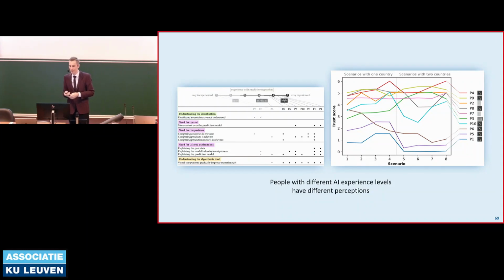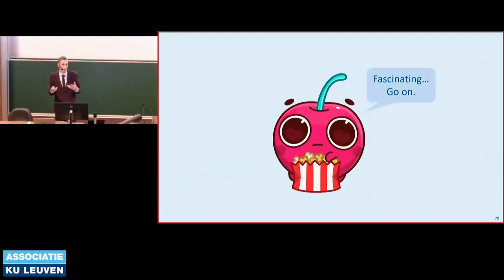What was cool is that they're all over the place, so everyone had a completely different story and a different evolution in trust. And even people with similar levels of experience, for example, the H's are high experience, some had low trust levels, and some had high trust levels. So even the experience that people have with AI is apparently not enough to have the same kind of evolution. That was really fascinating.